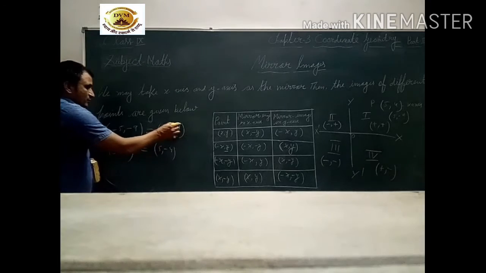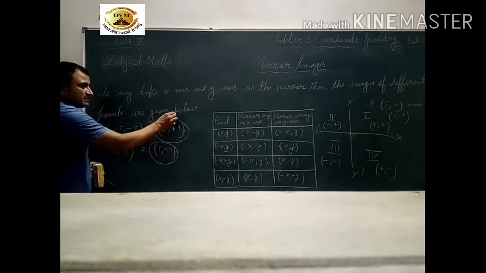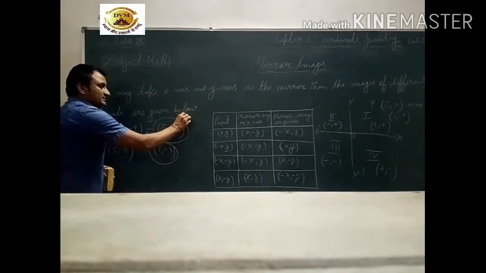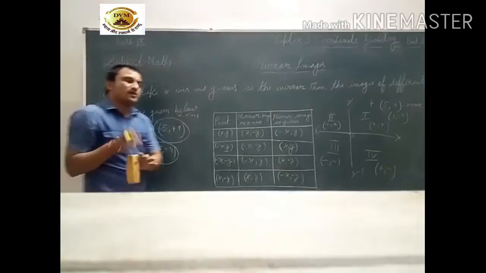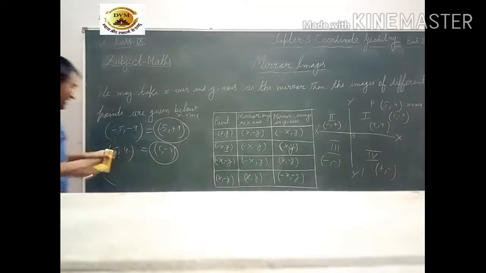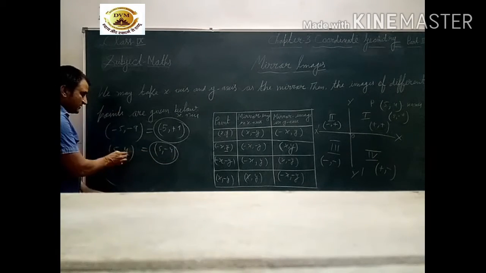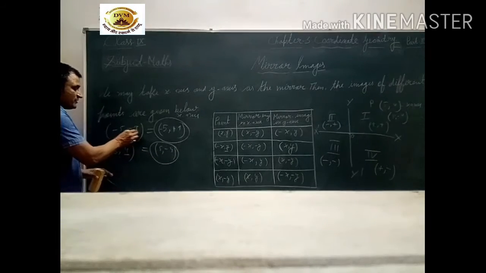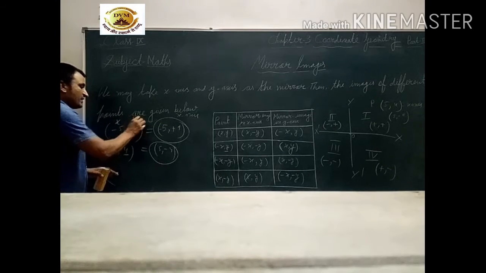Both are the images of these points in x axis. In x axis we have to change the sign of the y coordinate. So 5 comma 4 becomes 5 comma minus 4. Positive should be changed to negative, and negative to positive.